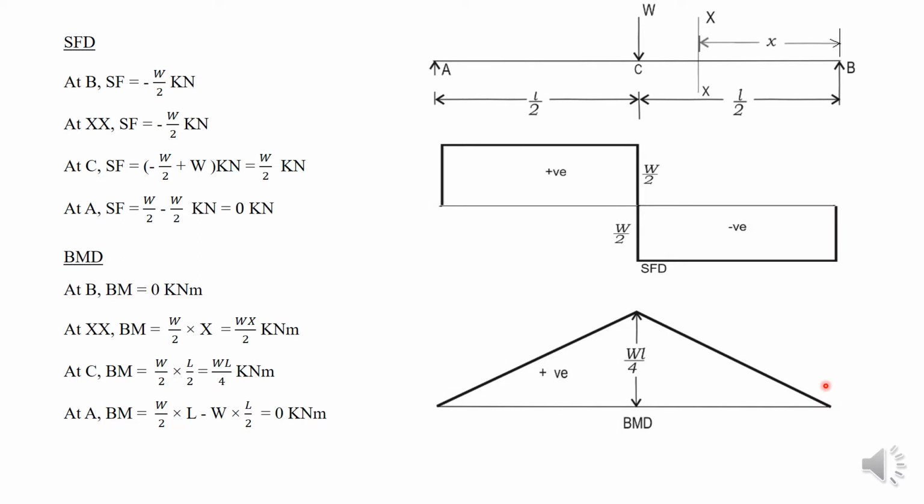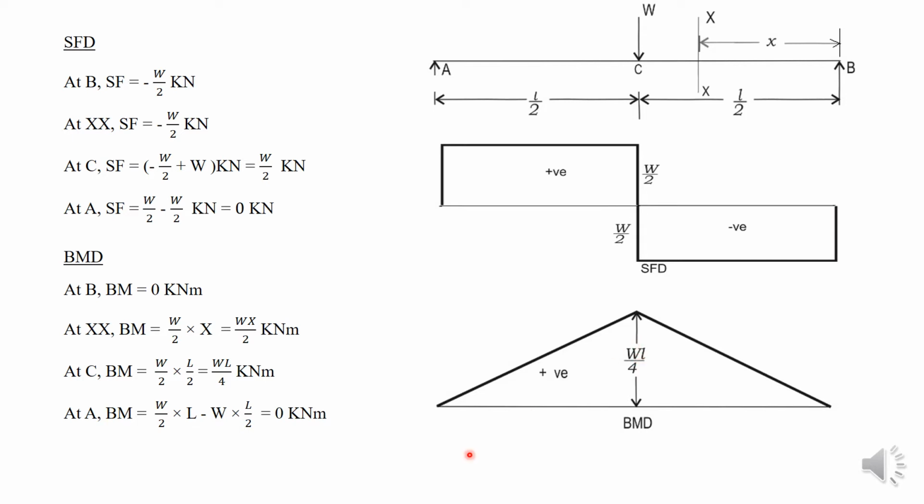So in order to draw the bending moment diagram, same thing that we have to do, consider the section line XX which is at a distance H from the support B, then take the moment about this section line, and we will get it as RB into H. Then H equal to 0 gives 0, that is the moment at B. Then H equal to L by 2, which is the moment at C, that is W by 2 into L by 2, that is WL by 4, the maximum bending moment at C.